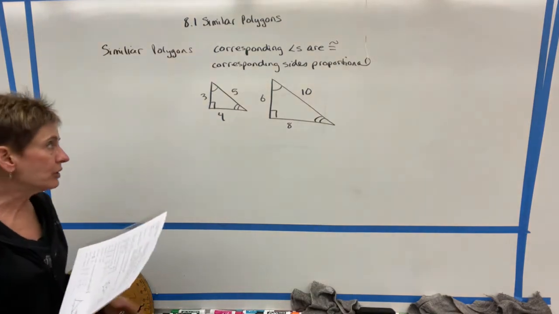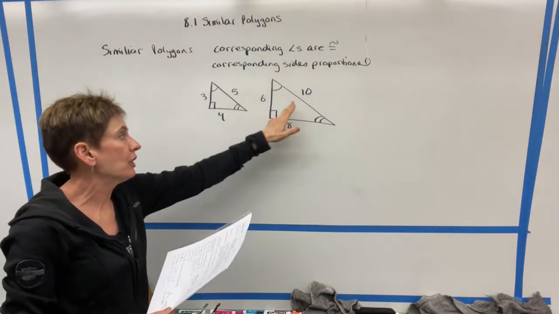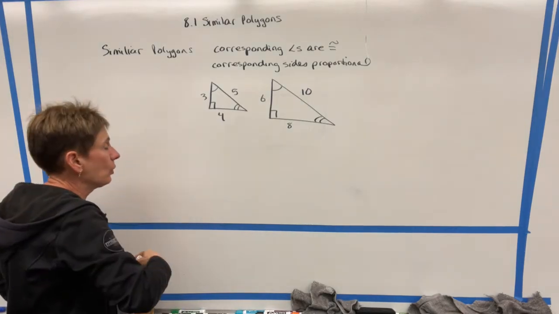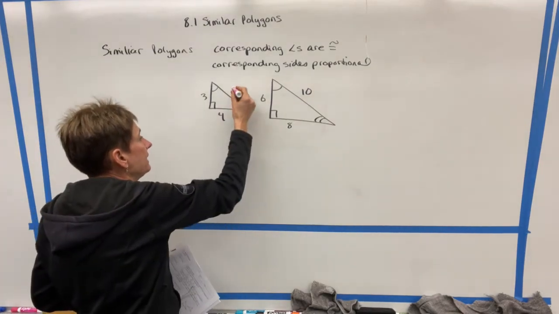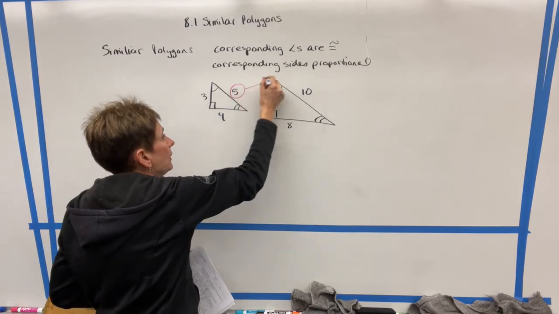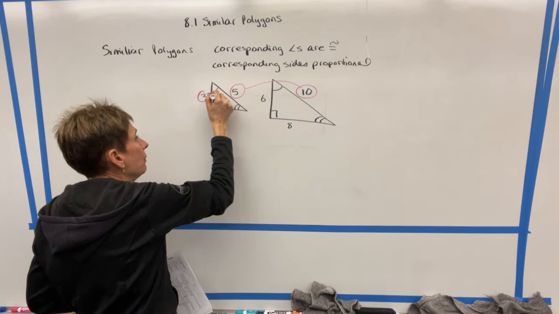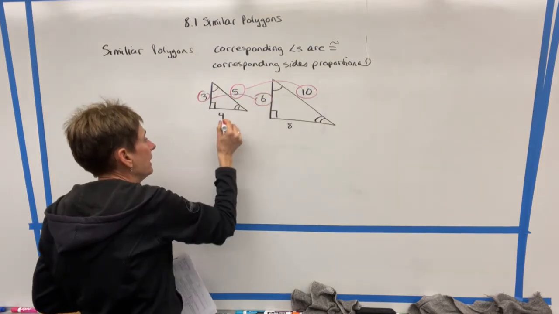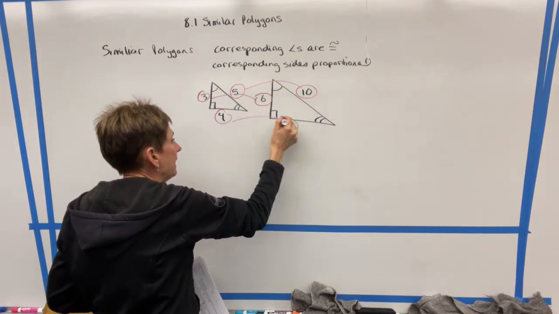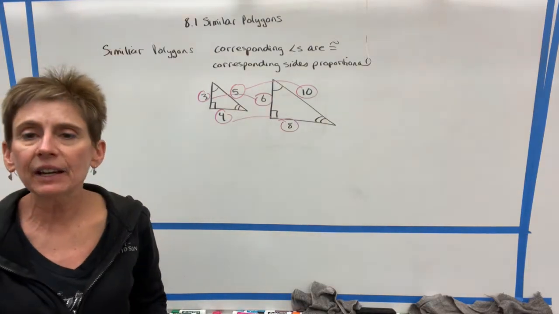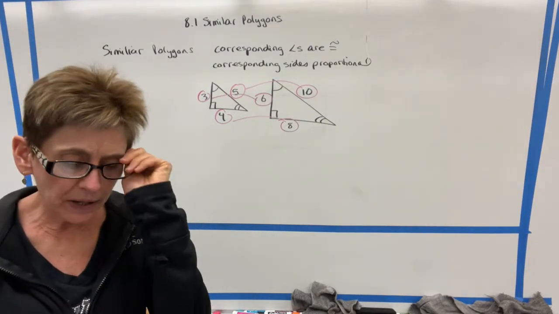Now by proportional, we mean that the ratio of any side on the left to its corresponding side on the right is going to be the same. So for example, 5 divided by 10 is 1/2, 3 divided by 6 is 1/2, and 4 divided by 8 is 1/2. For this set of figures, the scale factor would be 1/2.